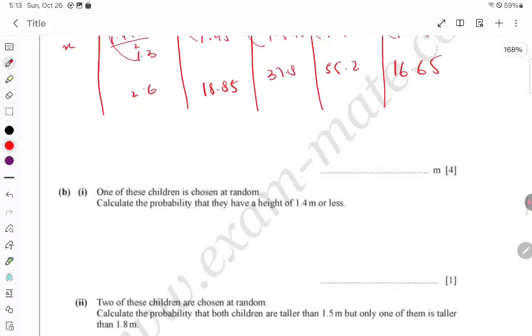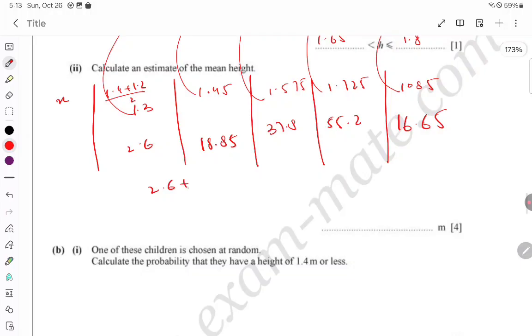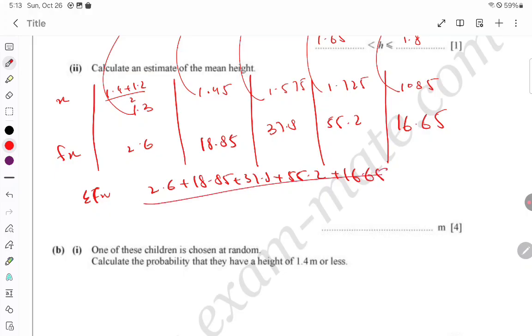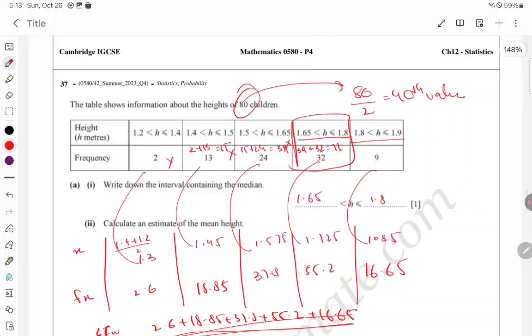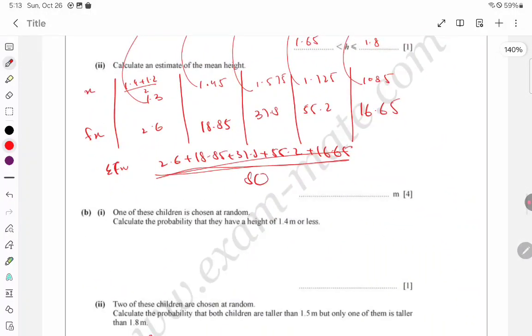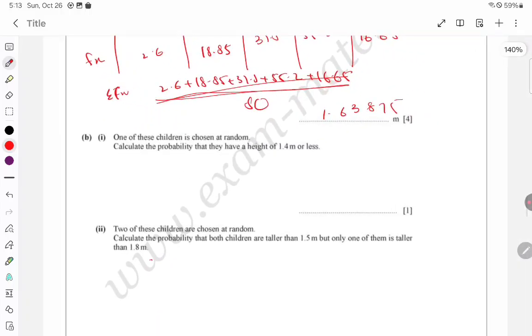So the sum of all fx is 2.6 plus 18.85 plus 37.8 plus 55.2 plus 16.65, divided by the total number, which is given as 80. It will give you the value of 1.63875 meter.